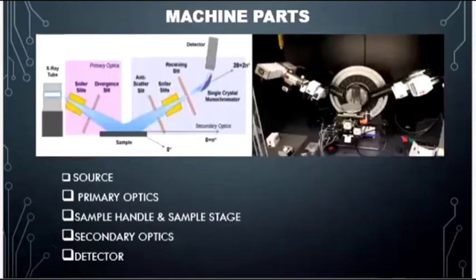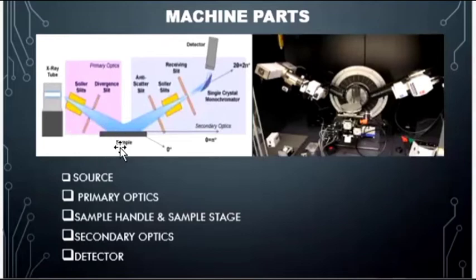So here are some more parts of the machine. The X-ray tube or the source, the Soller slits, and the divergence slit make up the primary optics.